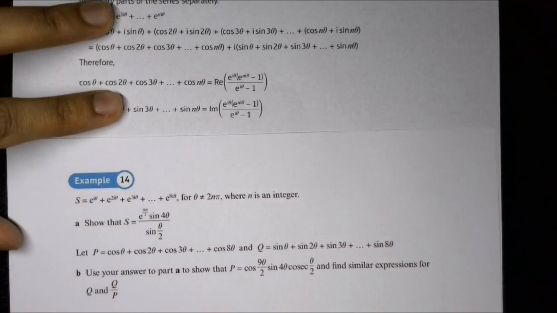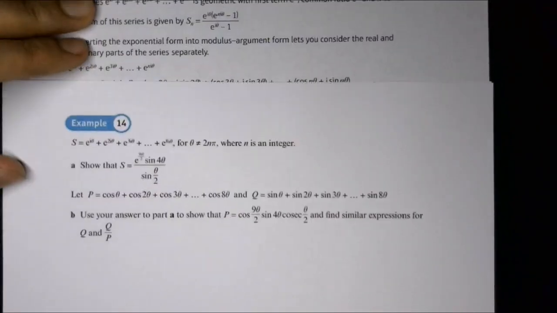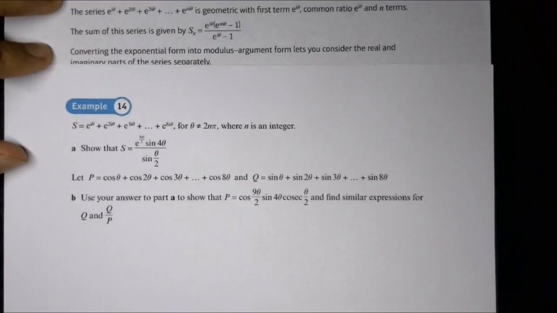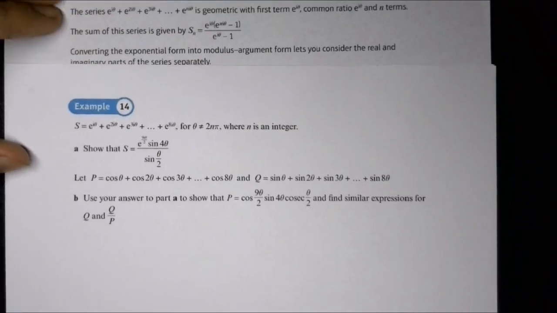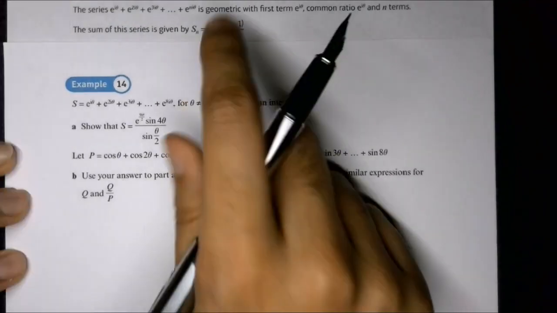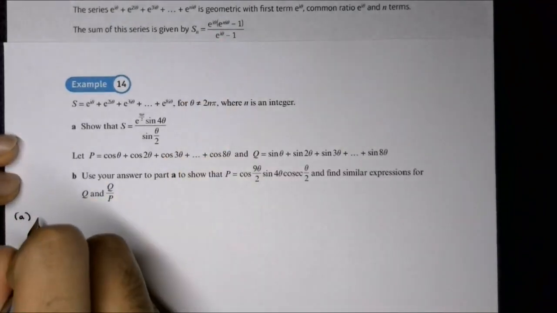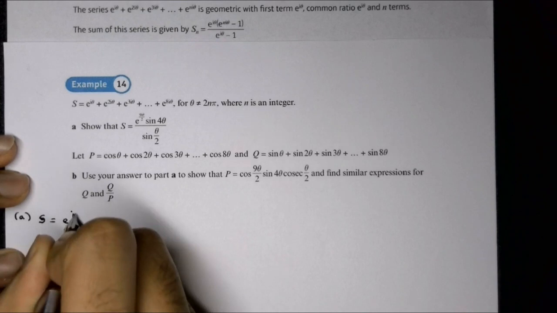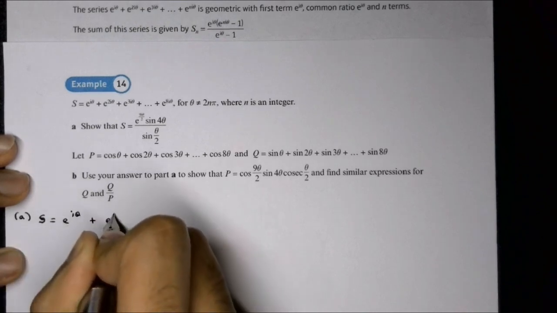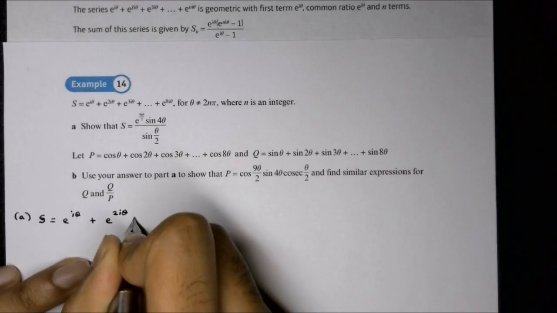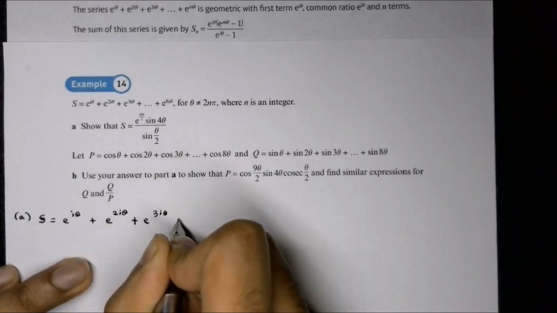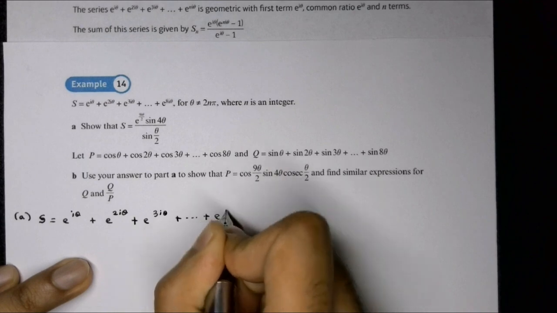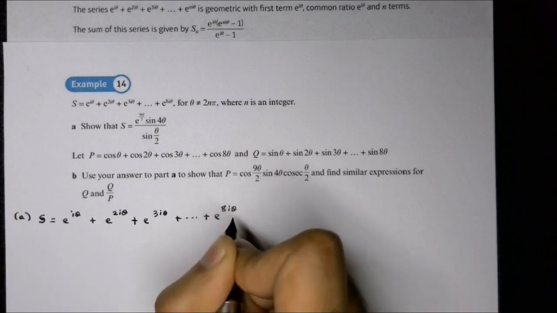You can hopefully see we have the sum of this series S. So using this idea over here for part A of the question, we have S, which is equal to e to the i theta plus e to the 2i theta plus e to the 3i theta plus terms up until e to the 8i theta.